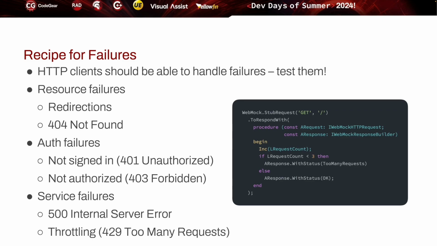And if you have something defined like this, you can test your retry behavior, because we shouldn't just be failing straight off on something like 429 too many requests. Really, if we can, within reason, we should probably be retrying those to make our applications more robust.